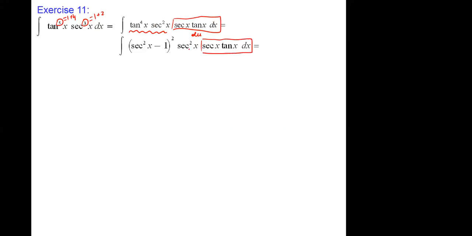Secant square is okay. Secant square will stay. Tangent to the power of 4 is okay, because I can say it's tangent square and another tangent square, which means tangent square of x is secant square of x minus 1, squared. But it's fine, we do have extra things, but we have everything in terms of secant.